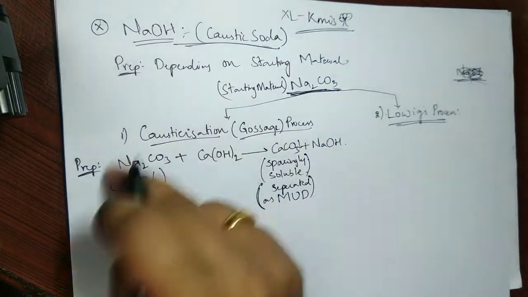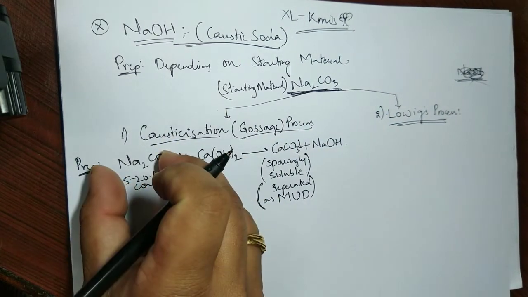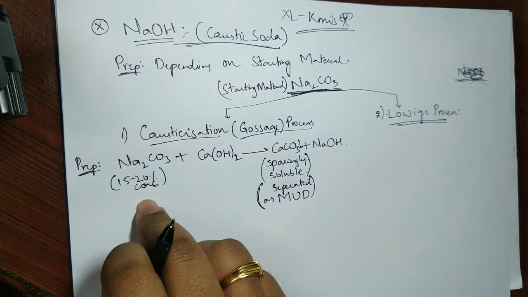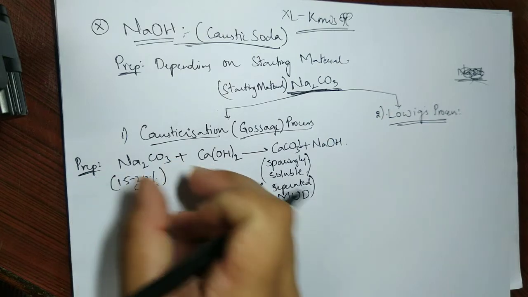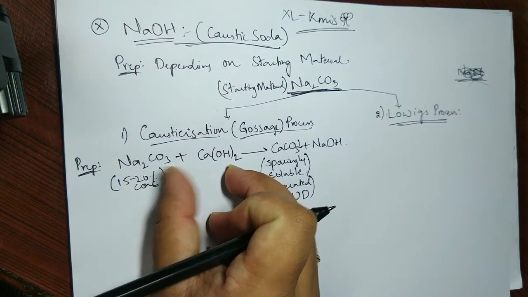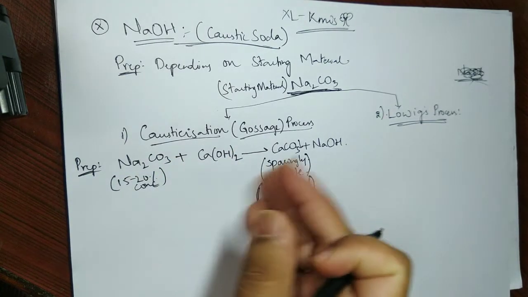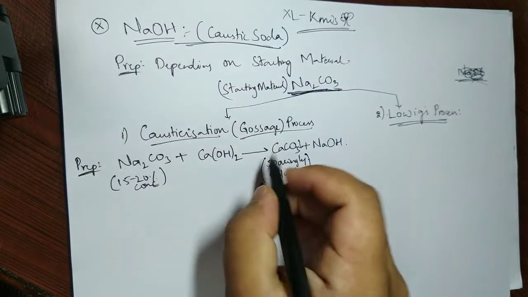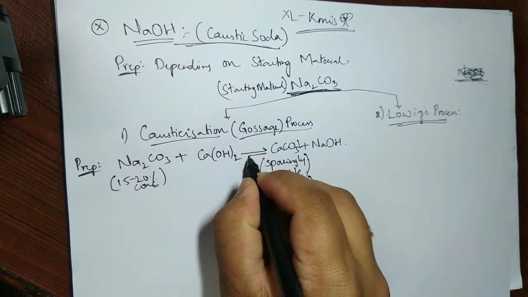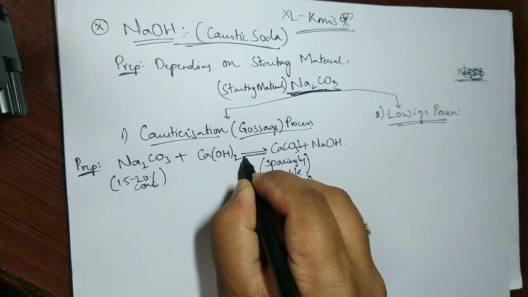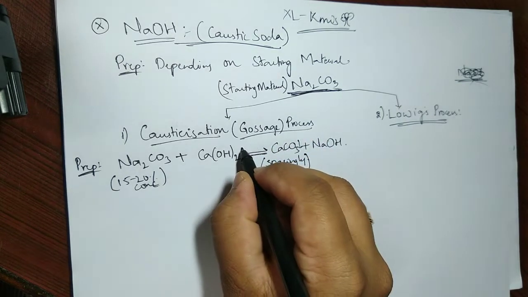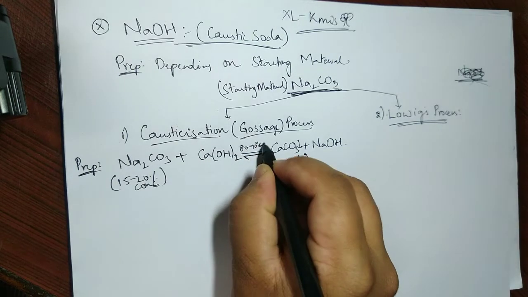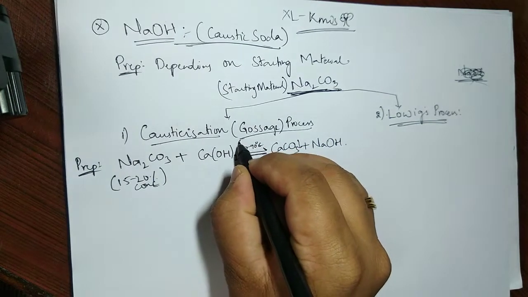So the sodium carbonate solution, at 15 to 20% concentration, when treated with calcium hydroxide, automatically forms these products. This should be heated, in fact. It requires heating, and it is a reversible reaction also. To maintain the forward reaction, the temperature is maintained at 80 to 90 degrees Celsius by passing steam.